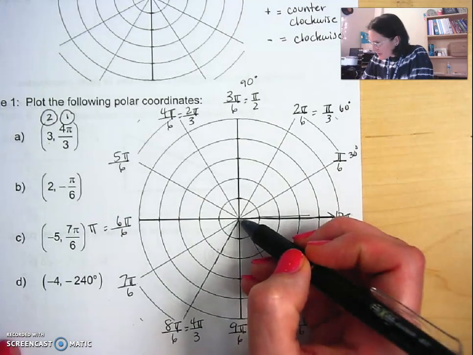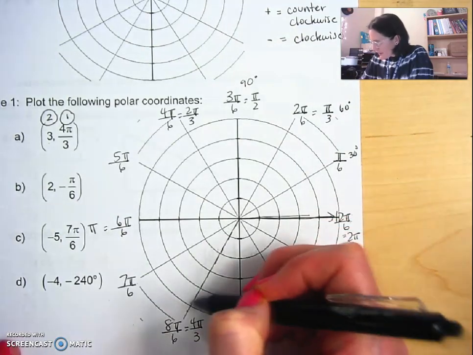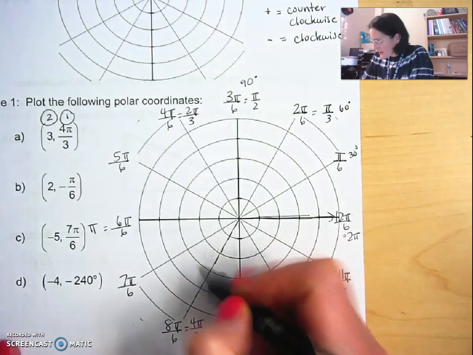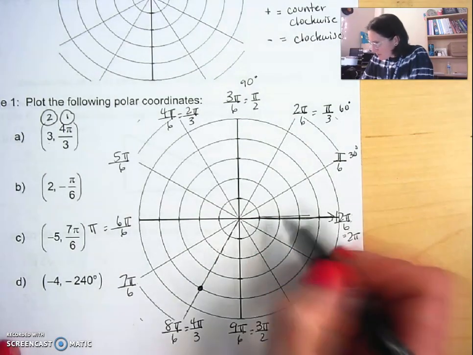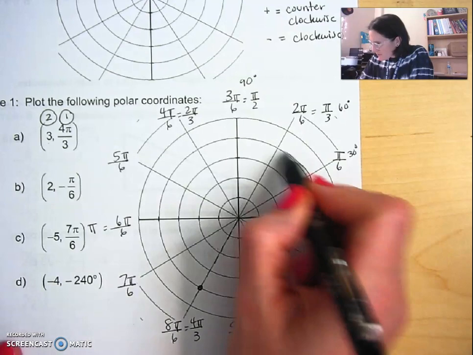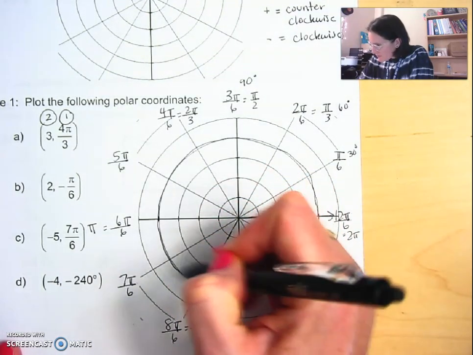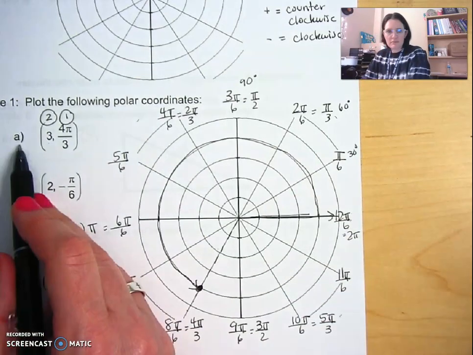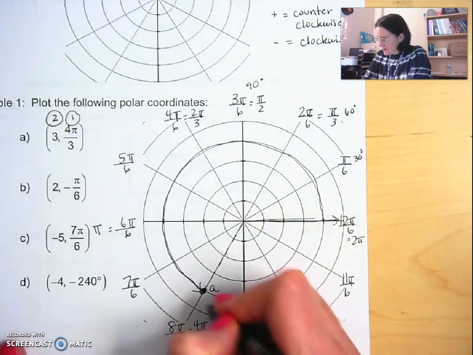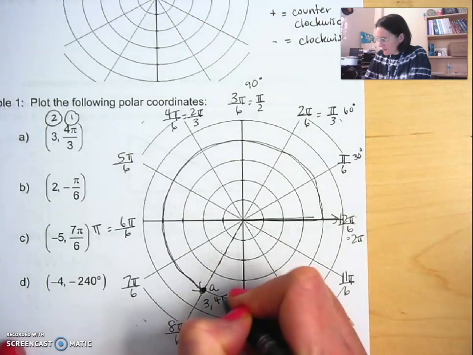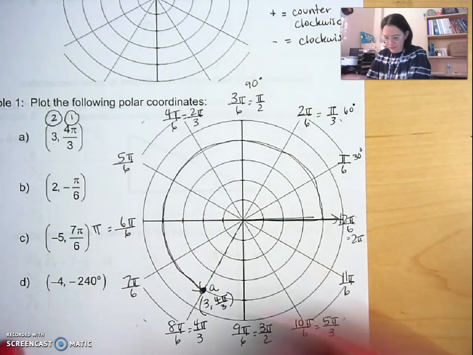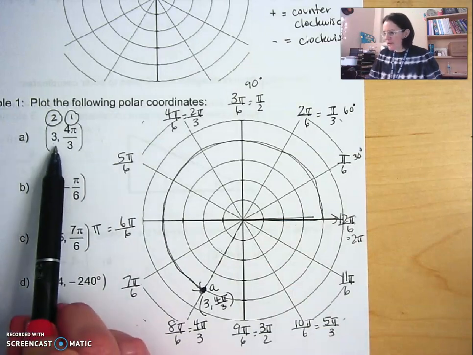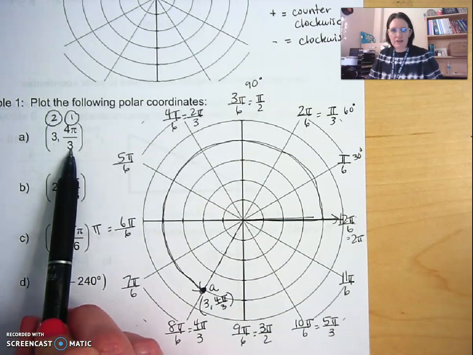So if I'm trying to end at this angle with radius 3, I'm going to count 3 circles. So 1, 2, 3. So here's my point P right there. So that is (3, 4 pi over 3). All right, so that is a polar coordinate where the r is positive and the theta is positive.